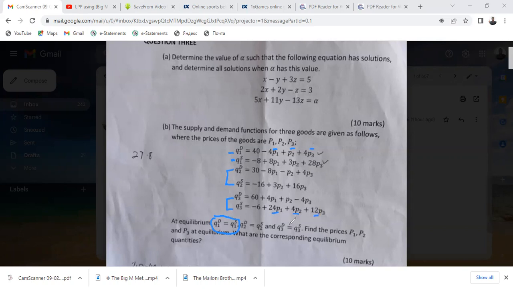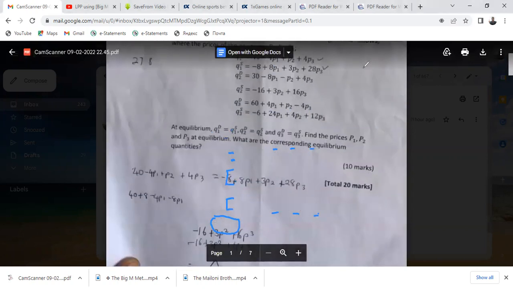Do you get the concept, guys? Yes, we do. So that's how you go about this one.